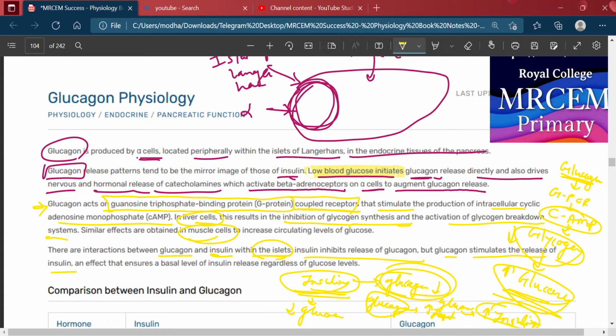That's why, as we give insulin, the glucagon is also decreased, so the production of glucose will decrease further. And so in diabetes mellitus patients, hypoglycemia is very usually seen.